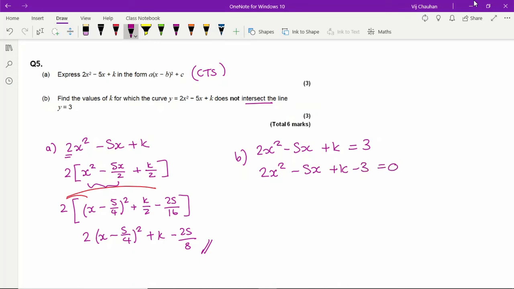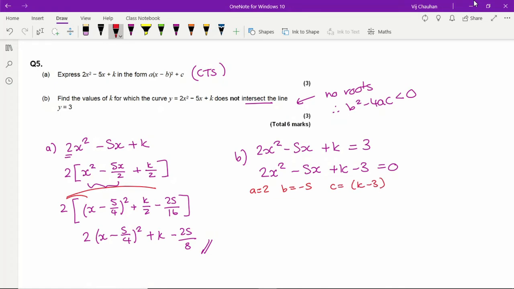Now because we don't want them to intersect, basically that means we want no roots. And if we want no roots, that means b squared minus 4ac has got to be less than 0. So looking at this, we've got a equals 2, b equals minus 5, and c equals k minus 3.